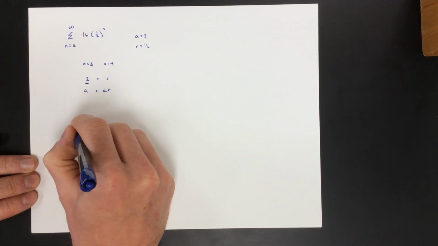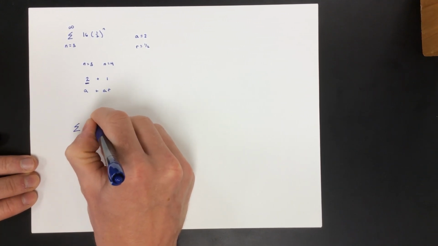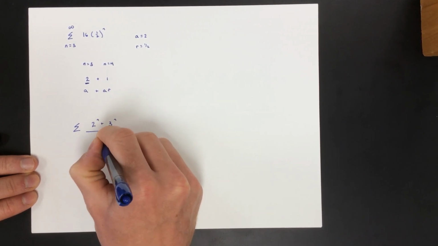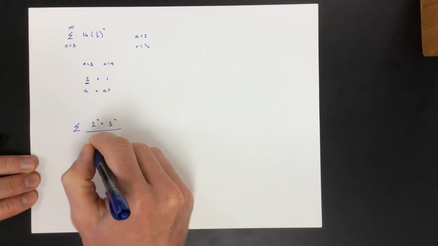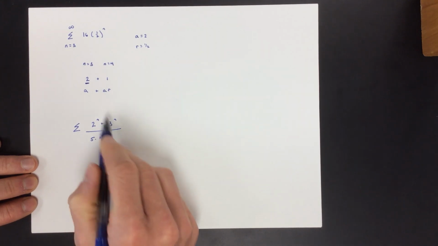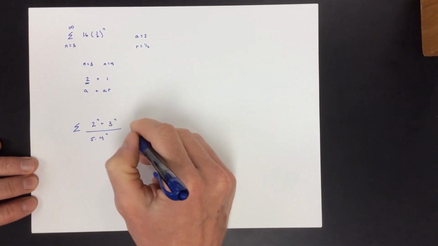Well, they could give you something that looks like 2 to the n plus 3 to the n all over 4 to the n, and maybe they can do even 5 times 4 to the n. And they're just tricking you. This will just end up being the sum of 2 different geometric series.